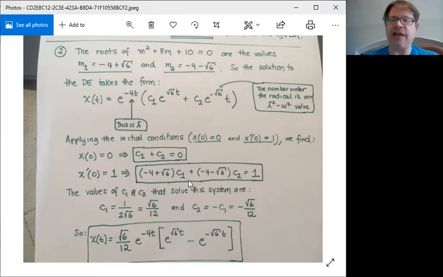Since those are just opposites of one another, I'm going to factor that out and write that expression at the beginning of our solution. Our final equation is the position of this mass will be the square root of 6 divided by 12 times e to the negative 4t.